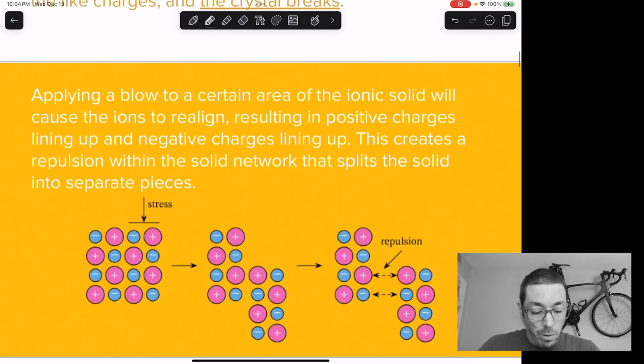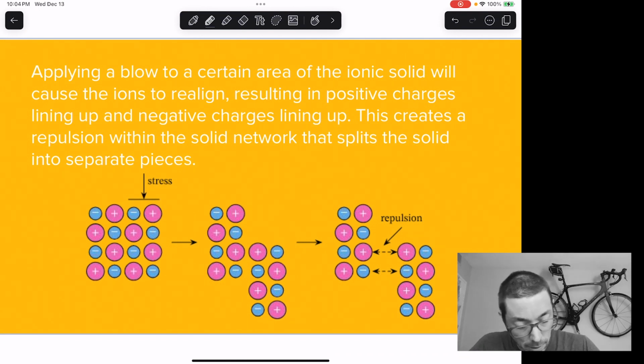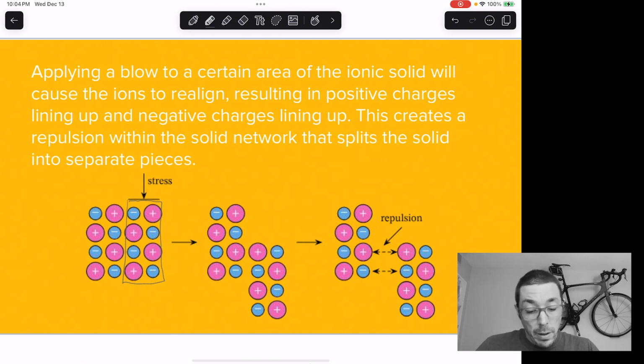This is showing that in an easier to see diagram. Let's say you hit this part of the ionic compound, the solid, and forced those layers downwards.